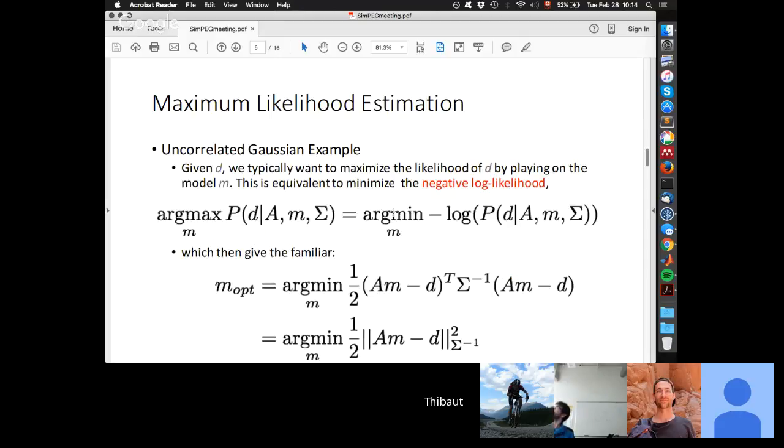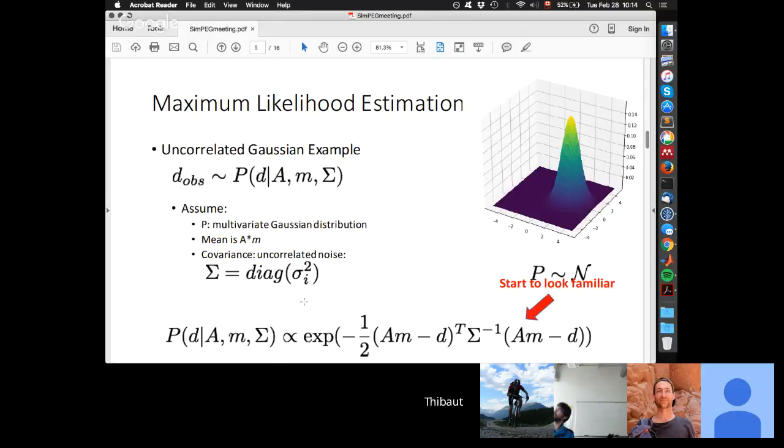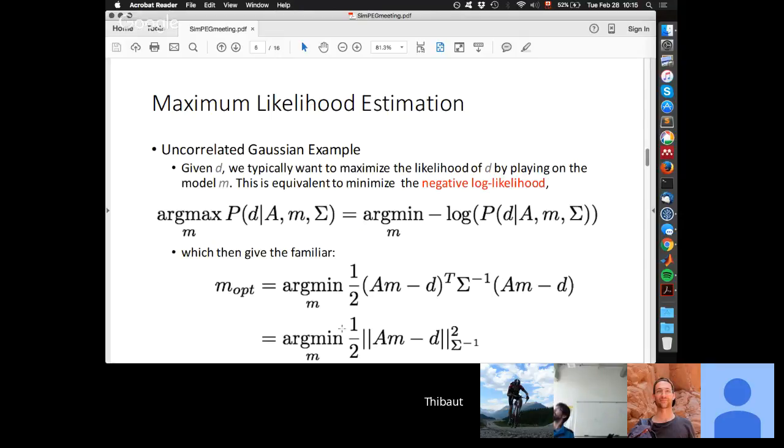So if I want to minimize the negative log likelihood, I just drop the exponential, and the minus times minus gives a plus. So I'm looking for the minimum of the L2 norm of AM minus D, knowing the covariance matrix.